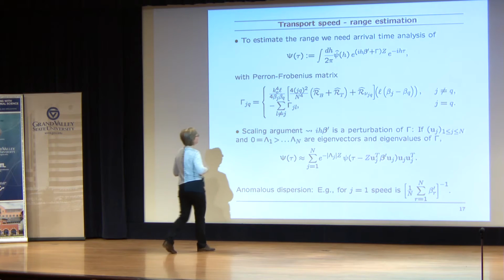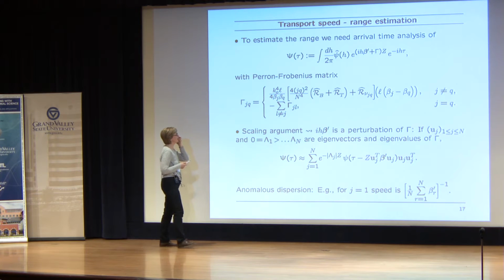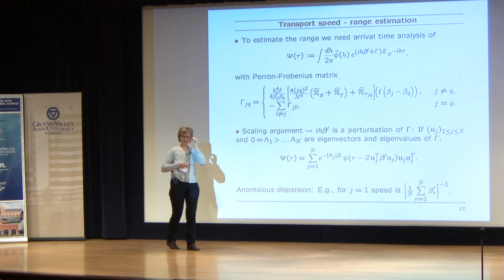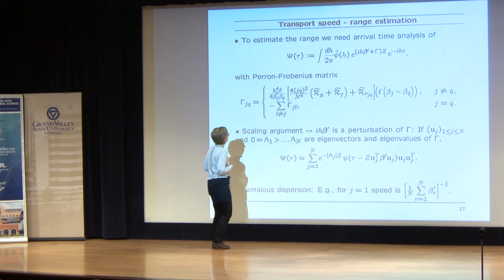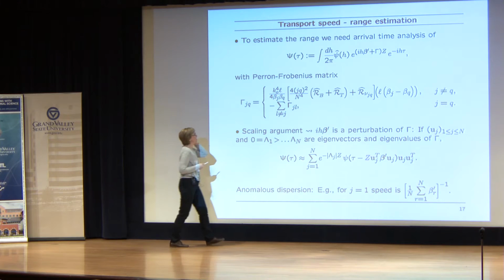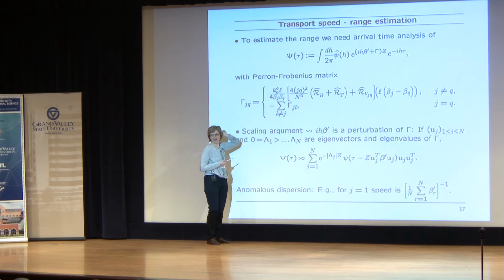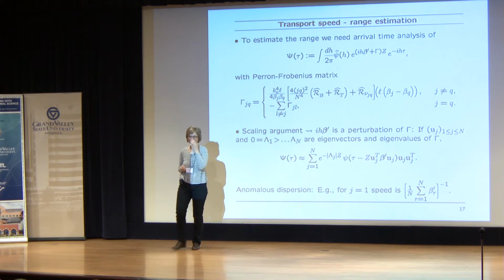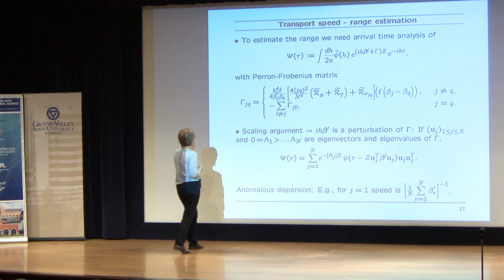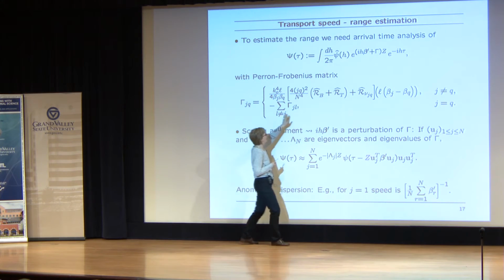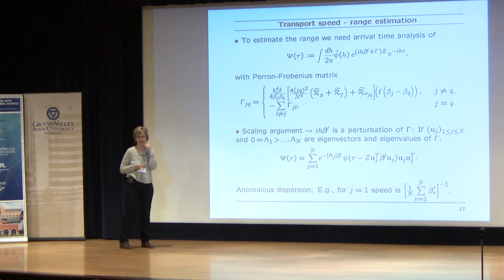Now, however, the randomness introduces a difficulty in this propagation, which is manifested by this matrix gamma, which is here. So this is kind of like the discrete version of the radiative transport theory, really. And this matrix gamma is defined in terms of these autocorrelations, and it's a matrix which is of Perron-Frobenius type.